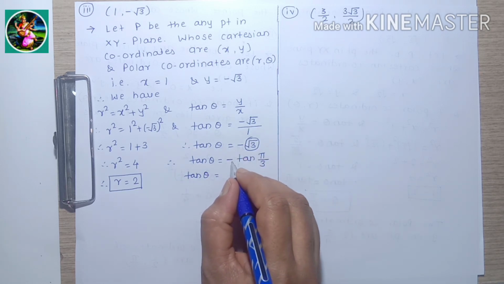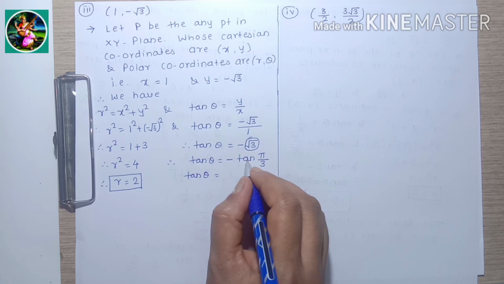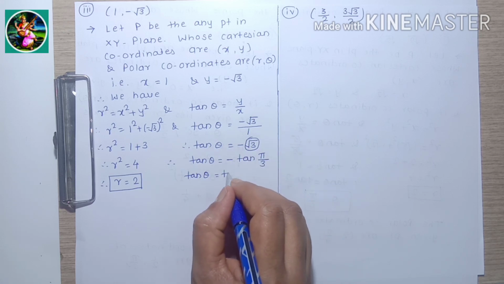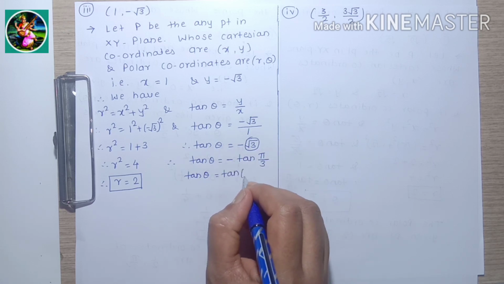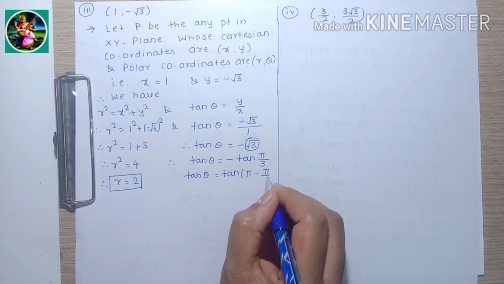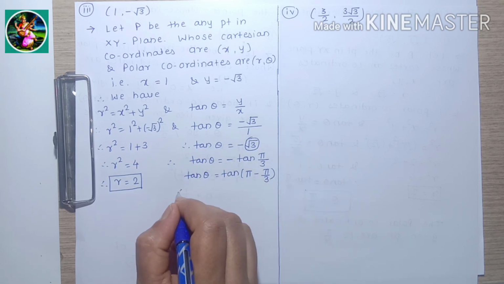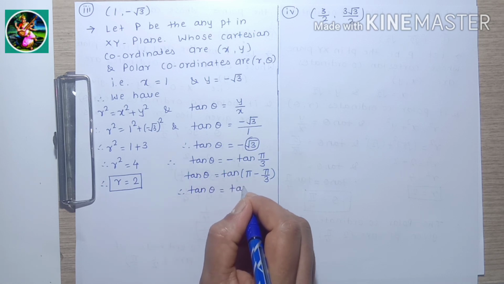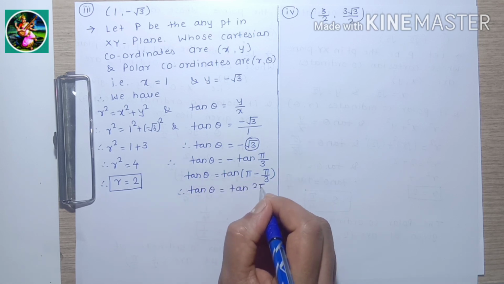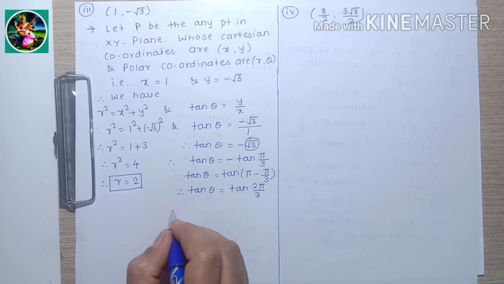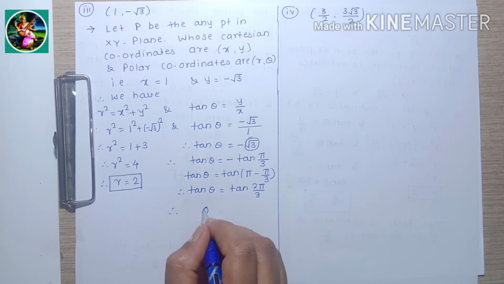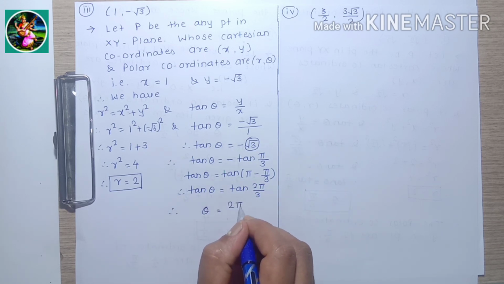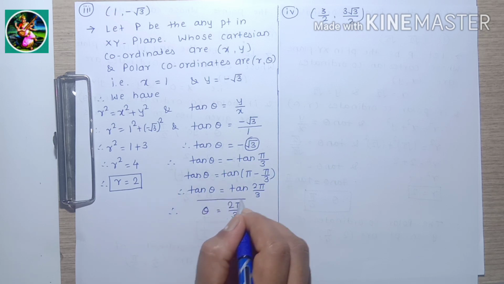Therefore, we substitute instead of minus tan pi by 3, tan of pi minus pi by 3. Therefore, tan theta is equal to tan of 2 pi by 3. Therefore, we write theta is equal to 2 pi by 3.